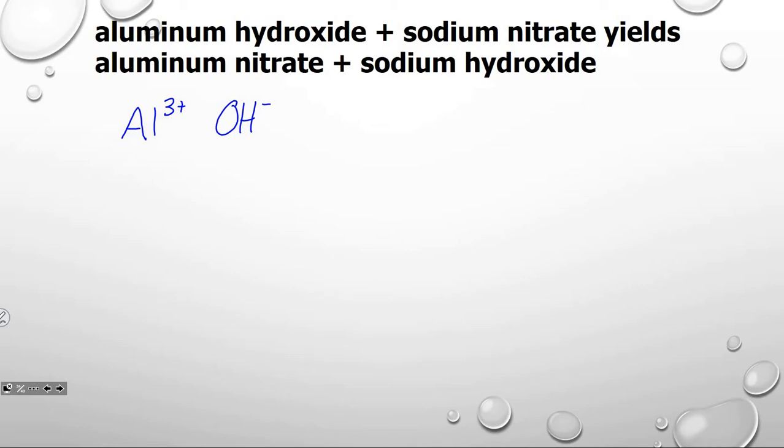So if it's +3 and -1, how many of each do I need? They add to 0. How many aluminums do I need? I need 1 aluminum because it has a +3 charge, but I need 3 -1s to cancel out the aluminum. So I need 3 of the OH groups, and since it's a group, I put it into parentheses.